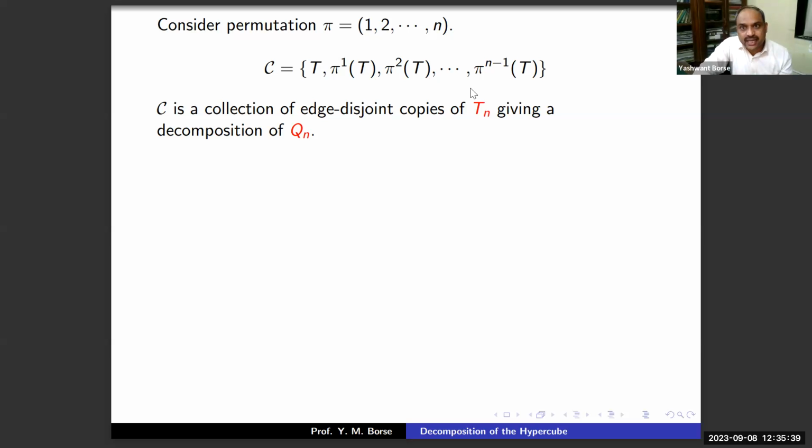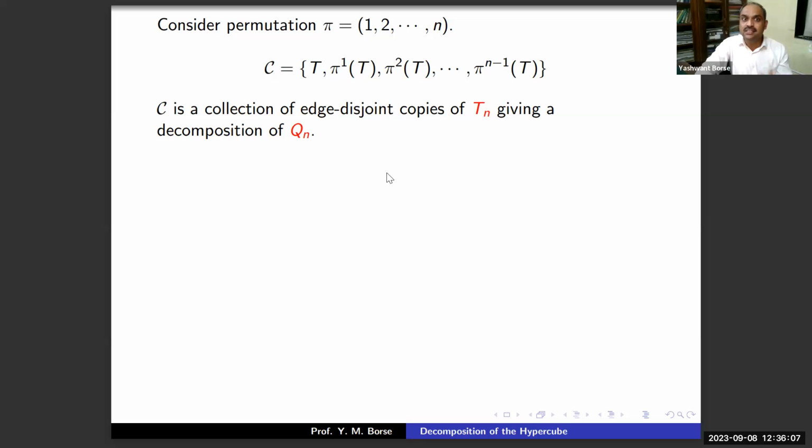So we have n such copies here, and each copy has 2 raised to n minus 1 edges. So a total of n into 2 raised to n minus 1 edges are exhausted by the members of C. And Qn also has n into 2 raised to n minus 1 edges. Thus, all edges of Qn are exhausted by these copies.